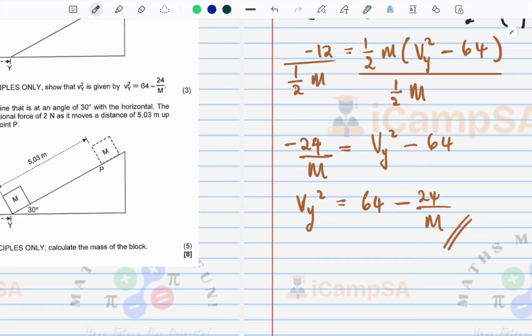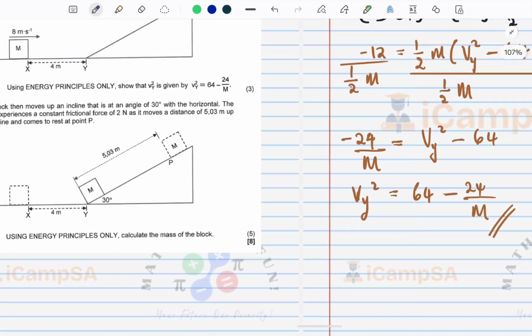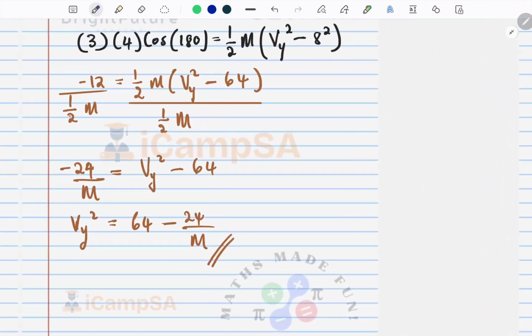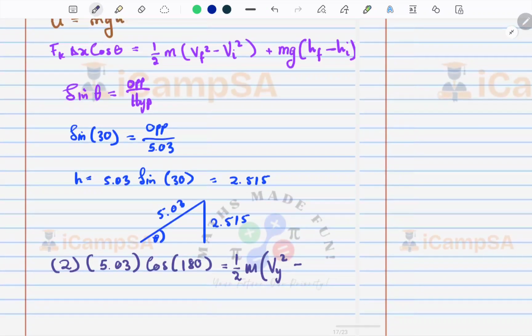Let's check the diagram again. Actually, Vi here, because we're moving from this point to this point, your Vi is going to be your Vy. And then your Vf is going to be 0 because it comes to rest. They said it comes to rest. So that means when we come back here, we're going to say 0 minus Vy squared, like so.